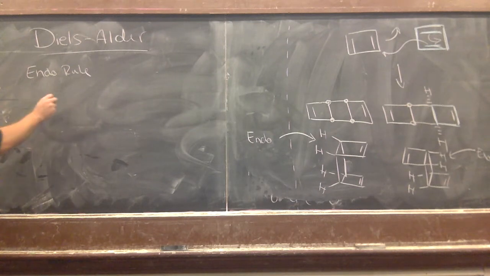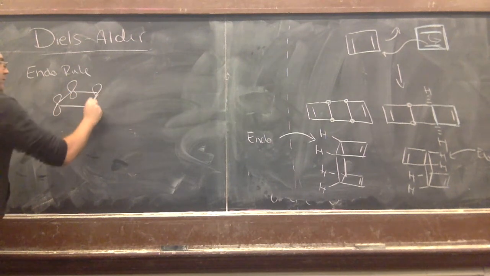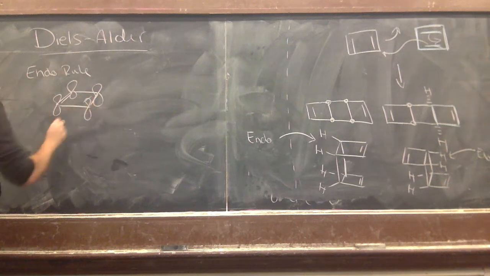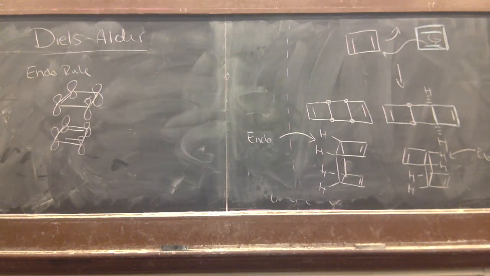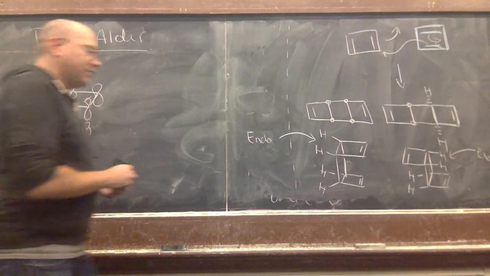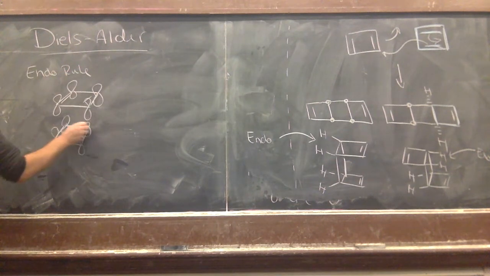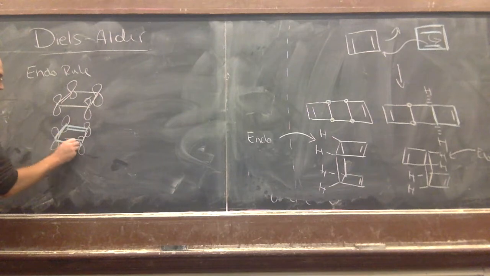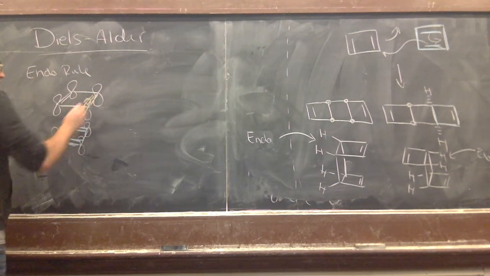And what I mean by that is, if we draw this reacting, and we think about what's happening here, we'll make this one our diene, and this will be our alkene.